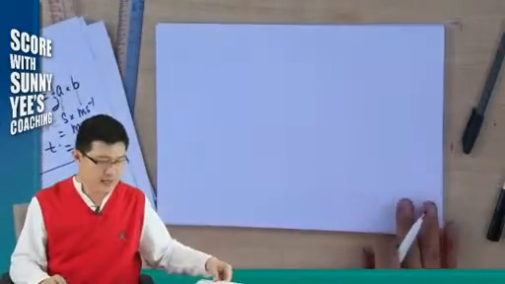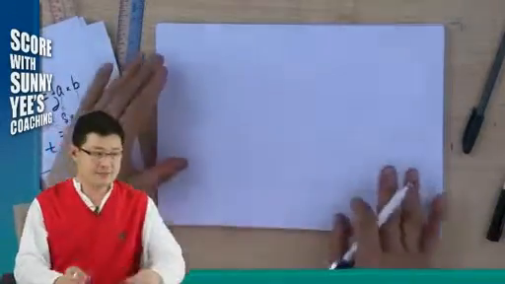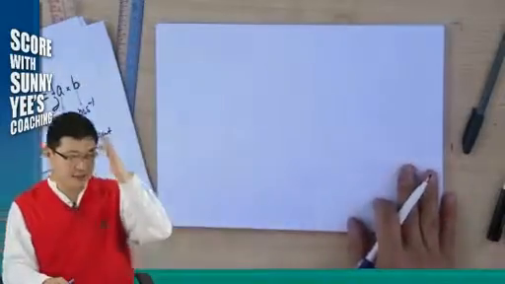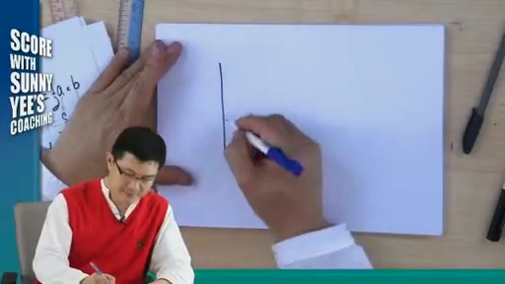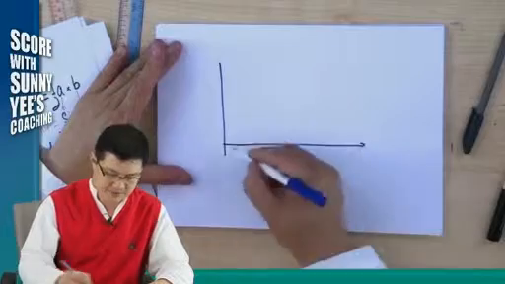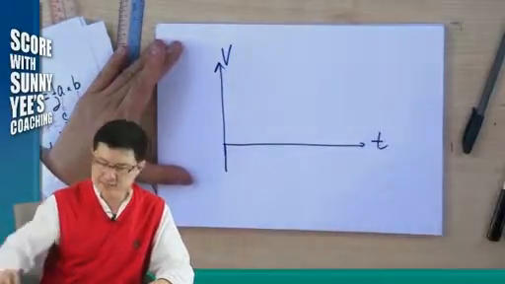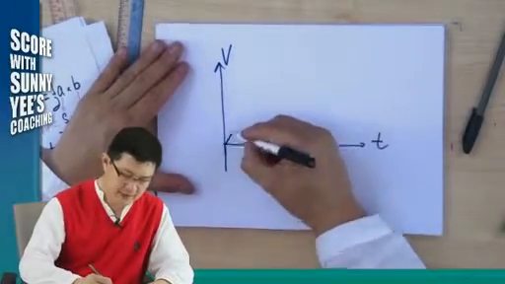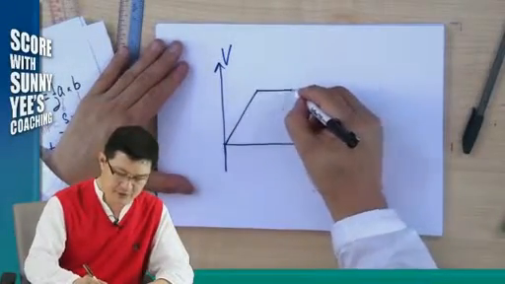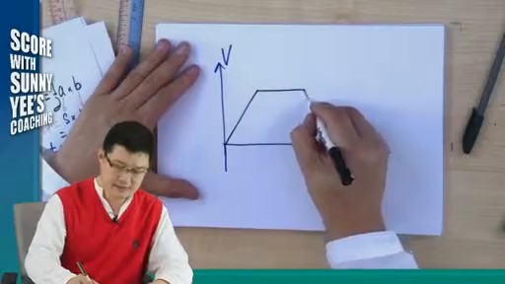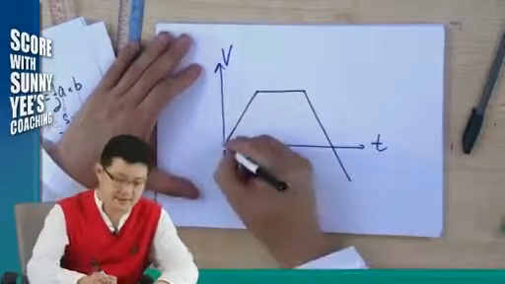So now I'm going to show it to you. Why is this important? Because I can give you something like this. This is velocity, this is time. I'm going to have a shape like this, and it goes down.